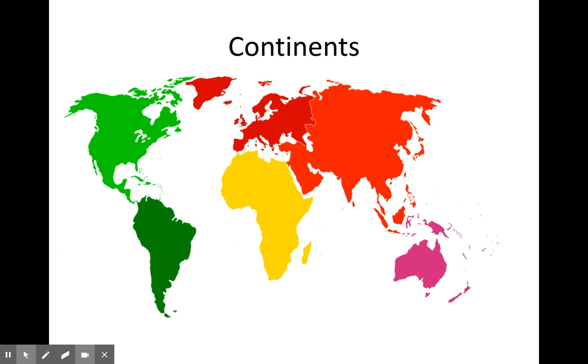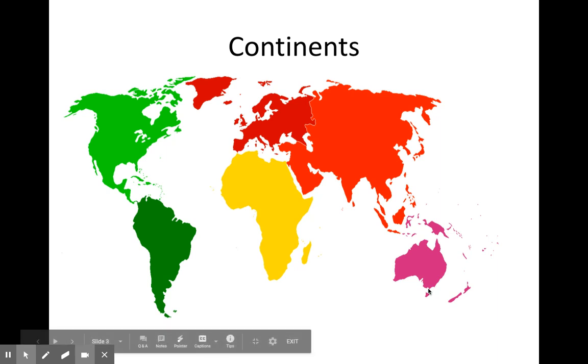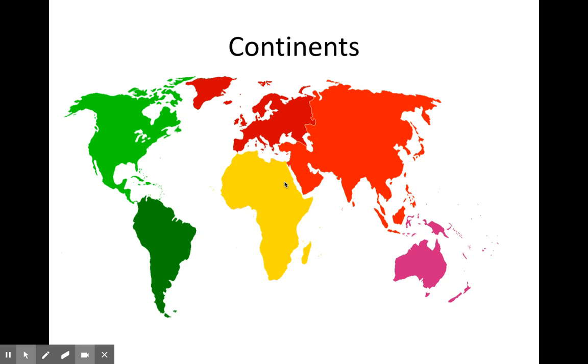Central America is part of the North American continent, even though we think of it as central. So South America is here, Africa, Europe, Asia, and Australia. And Antarctica is right down here, where it just disappeared to. And it's white, so I guess that's why it's hidden. Why is it white? Because it's cold. There's snow. There's ice.